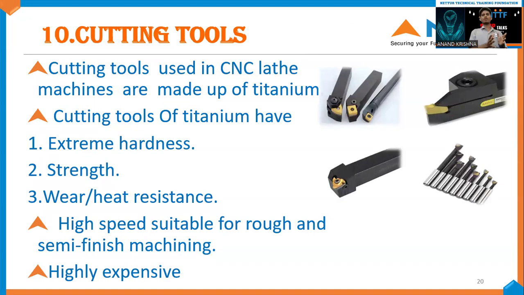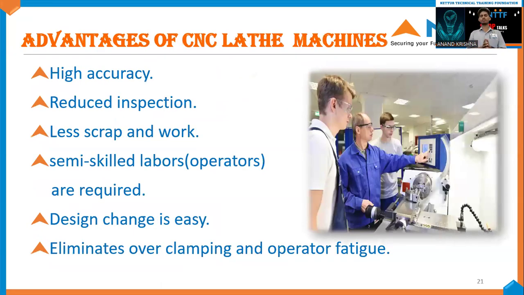Tenth one, the major part, cutting tools. Cutting tools used in CNC lathe machines are mainly made of titanium. They have extreme hardness, strength, and wear and heat resistance. They are suitable for high speed rough and semi-finished machining and are highly expensive.